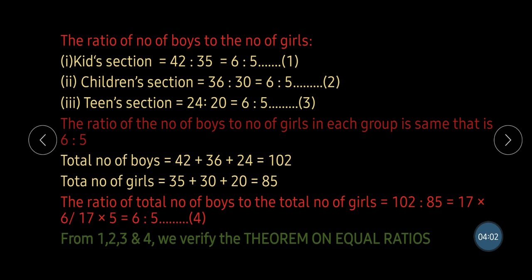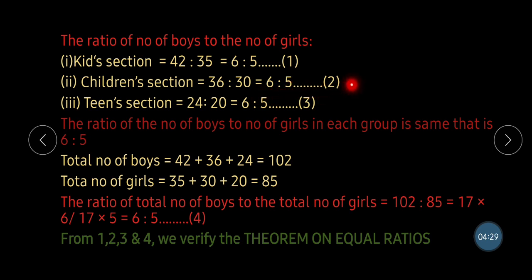The first part of the question: the ratio of number of boys to number of girls. Kids section is 42 is to 35, that is 42 divided by 35, we get 6 is to 5. Let us call that equation 1. Second part, children section is 36 is to 30, by reducing we get 6 is to 5.